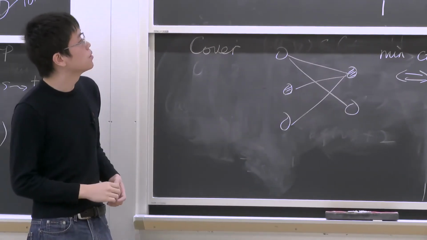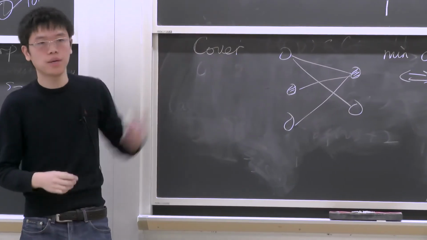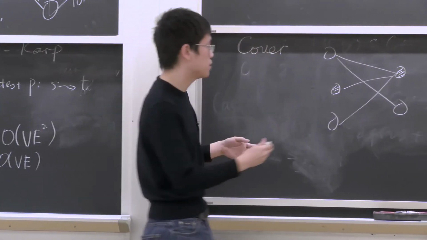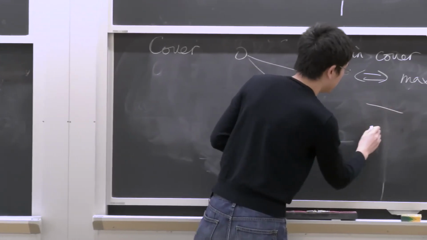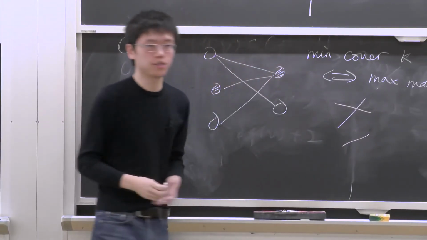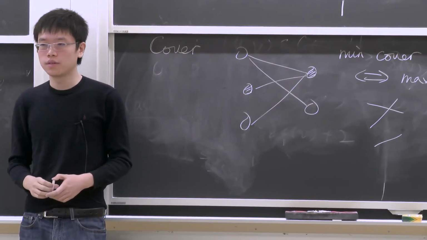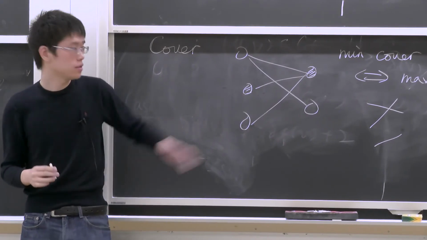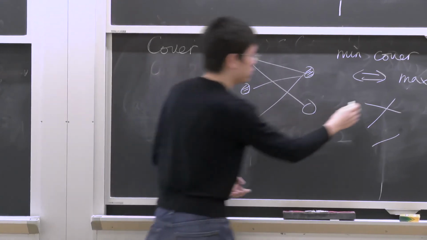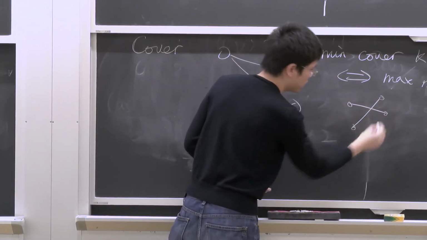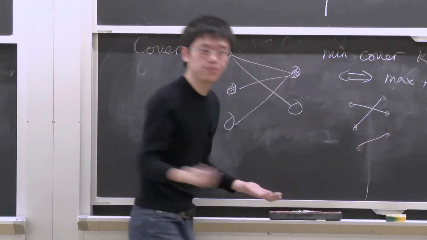Why is that? Because in that matching, if we have a matching, then we have a set of disjoint edges, right? No 2 edges are connecting to the same node. So if we want to cover these edges, we at least have to color one of these 2 and one of these 2, right?